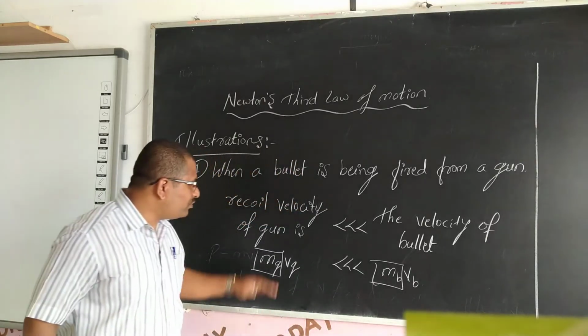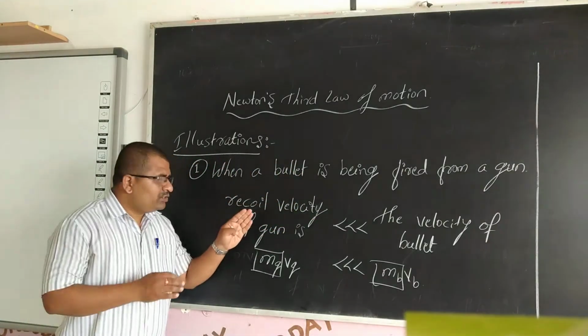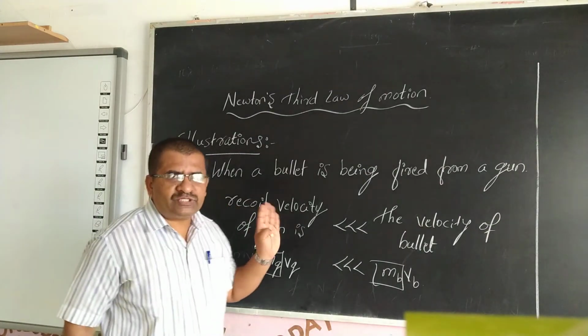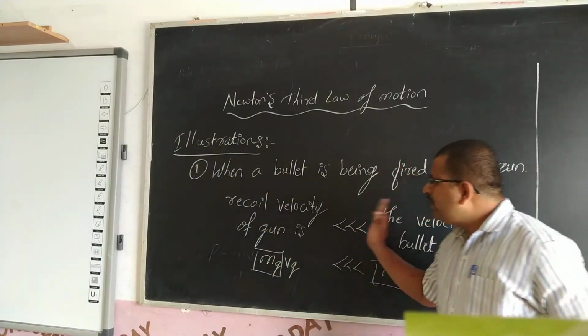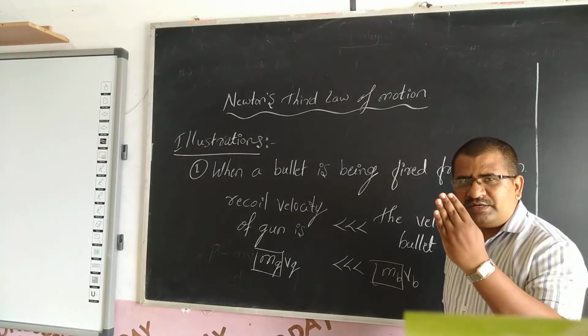So because of the momentum, the velocities differ, and the velocity of the gun is very less.